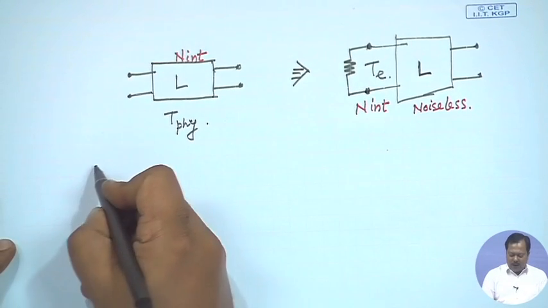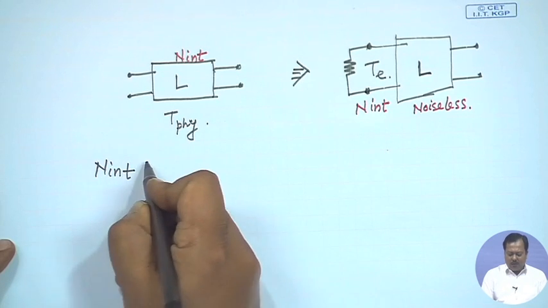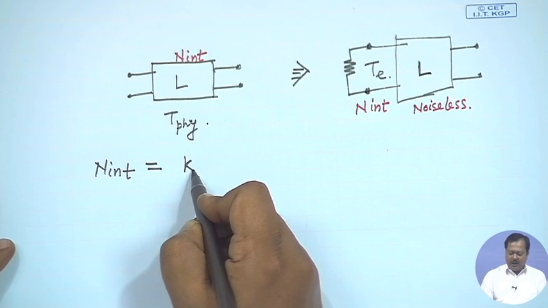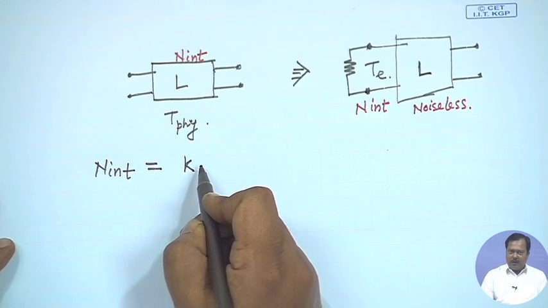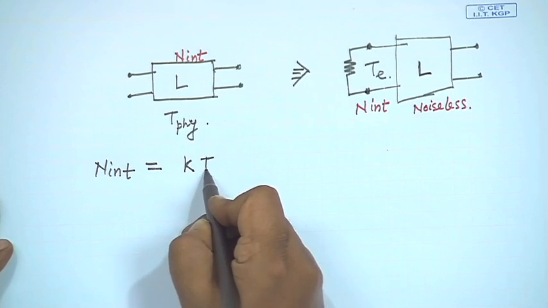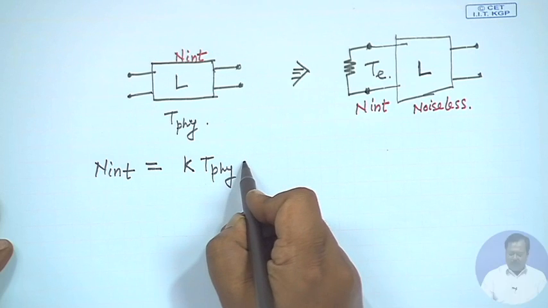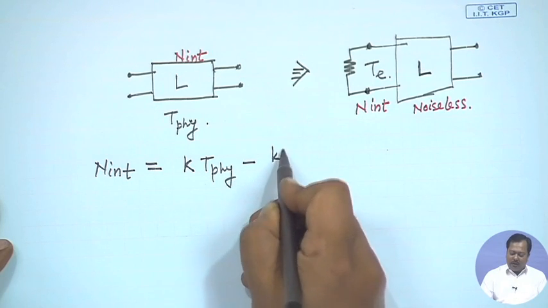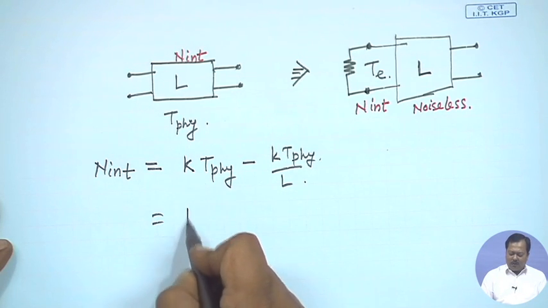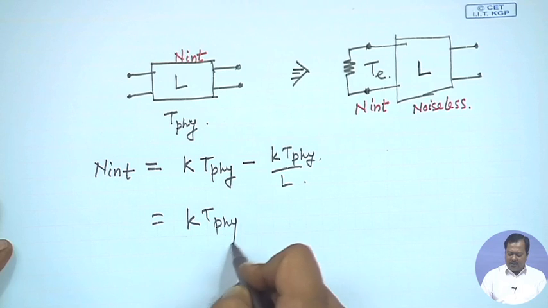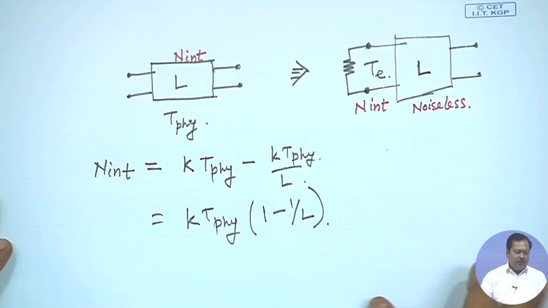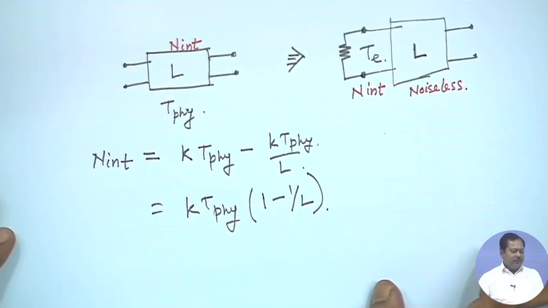So then the internal noise, if I consider per unit hertz, is simply K into T. So this is K T physical minus K T physical divided by L, or we can write this as K T physical into 1 minus 1 by L, where L represents the loss ratio.